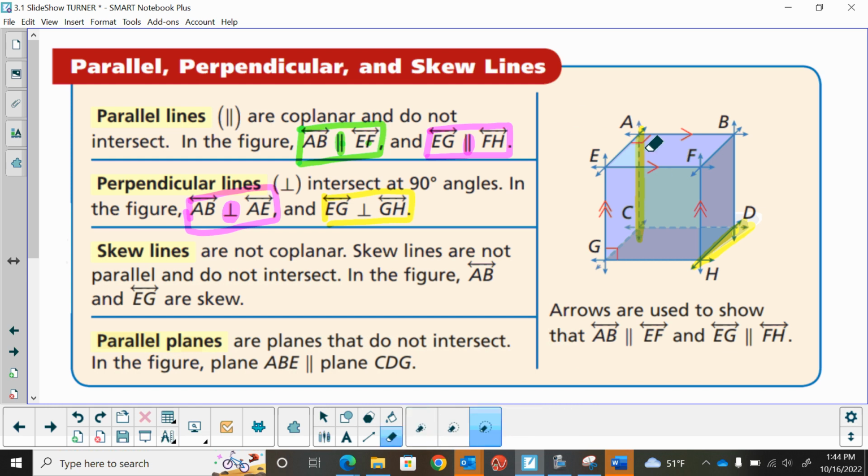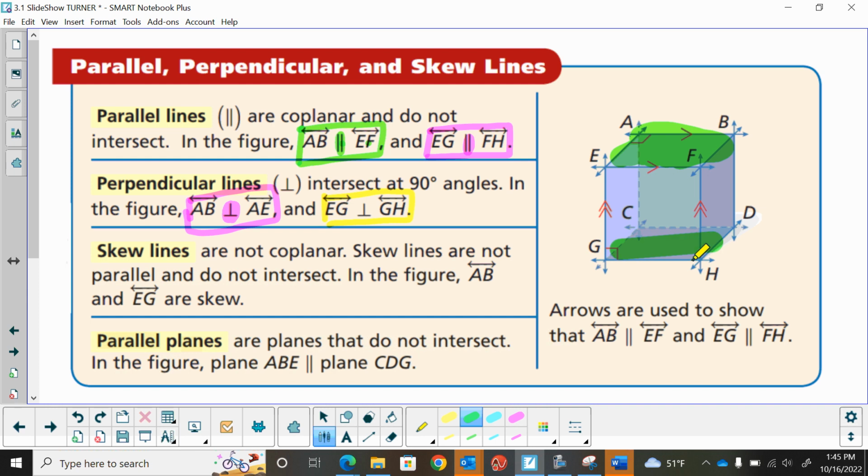And then the last term that we have are parallel planes. So parallel planes are two planes that do not intersect. And actually it could be more than two, but it's any planes that are not intersecting. So in our diagram, we could think about the top of this box and the bottom, right? Your floor and ceiling are going to be parallel.